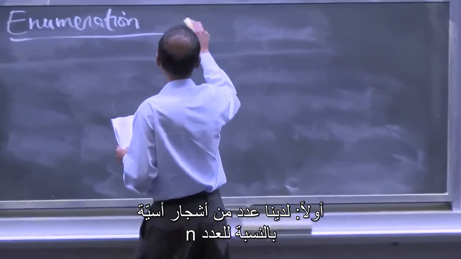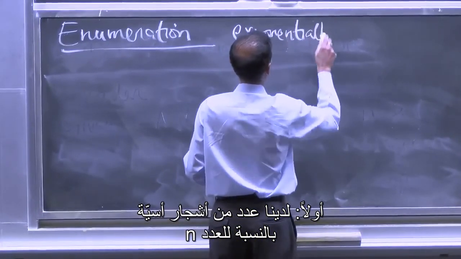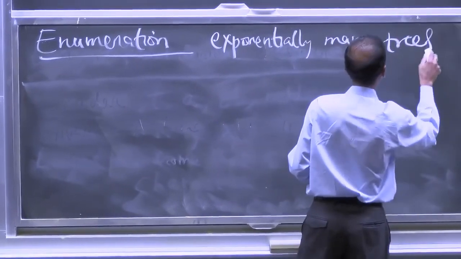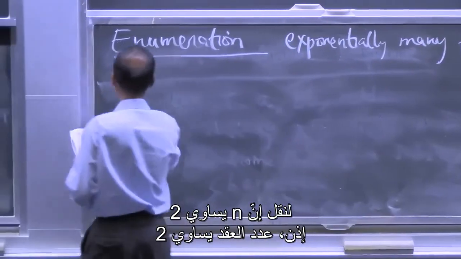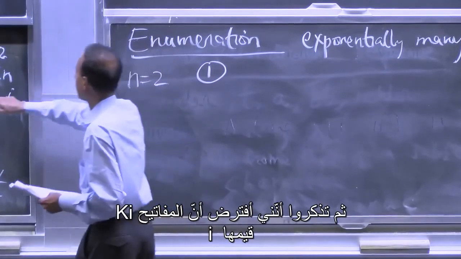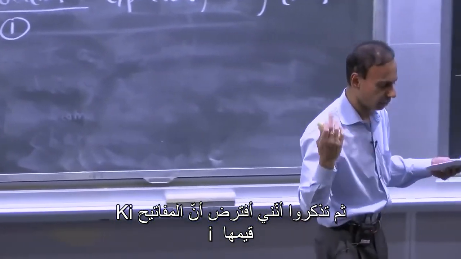First off, we have exponentially many trees, exponential in n. Let's say that n equals 2. So the number of nodes is 2. Then remember that I'm assuming that the ki's are all equal to i.